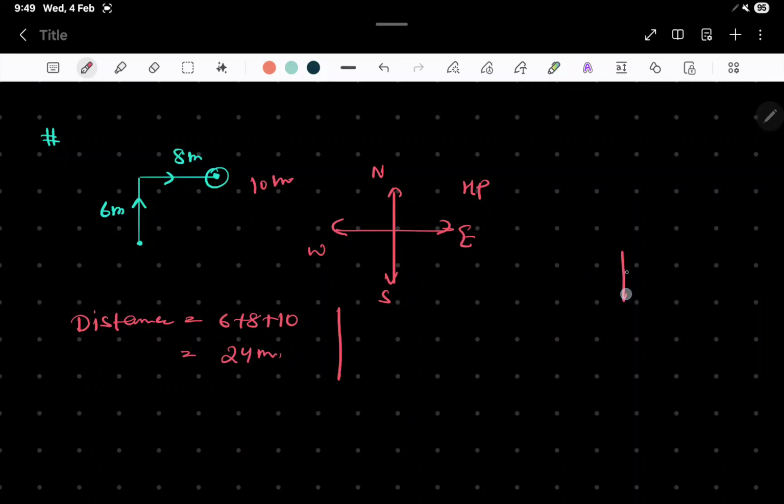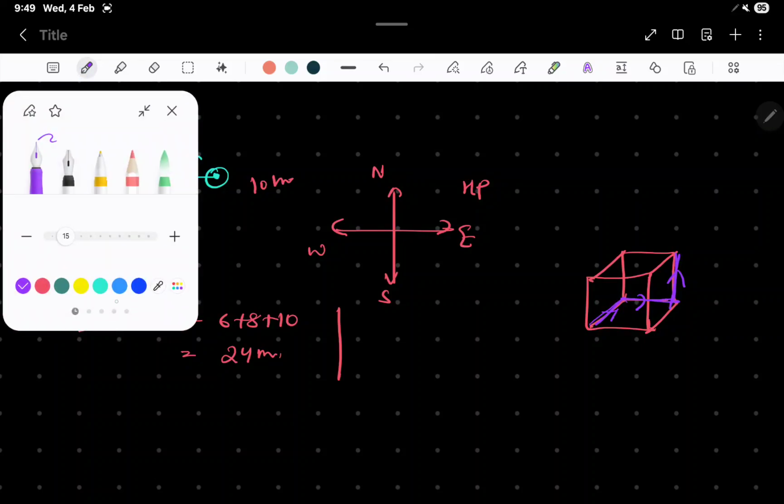So for displacement, let's draw a cuboid first, to have a visualization of the question. Then I will say that the particle moves north like this, and then east like this, and then vertically upward like this. So this is the trajectory followed by the particle.